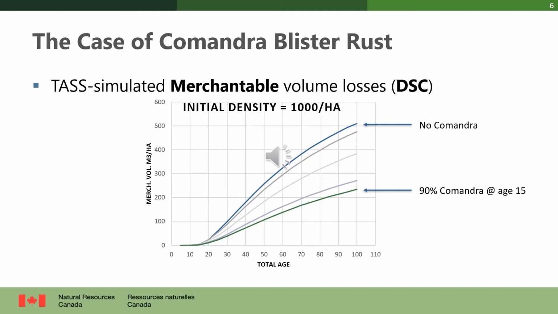If we compare the stand with no comandra to one where rust incidence at age 15 was 90%, we see a reduction at age 100 of nearly 300 cubic meters per hectare. The shaded lines in between represent 30%, 50%, and 70% incidence at age 15.